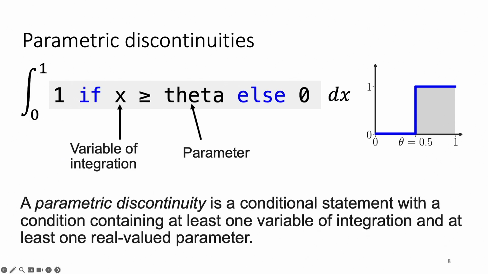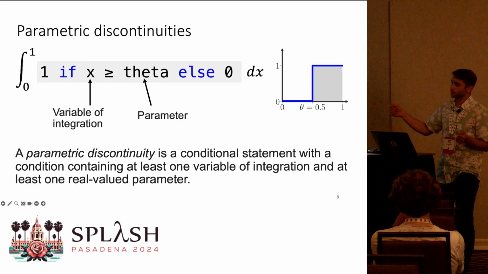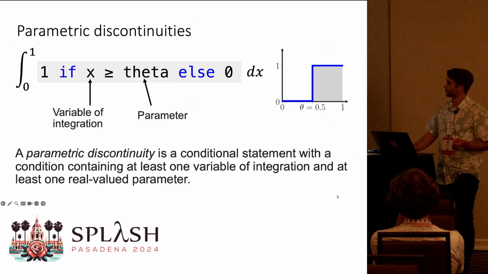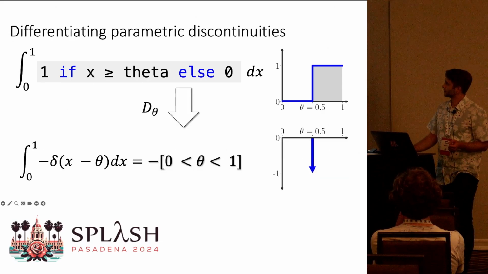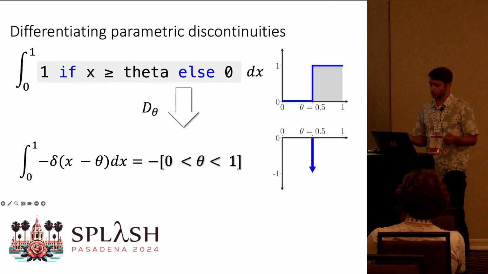So in this talk, we study a class of discontinuities that we call parametric discontinuities. And a parametric discontinuity is a conditional statement with a condition containing at least one variable of integration and at least one real valued parameter. So we'll start by showing the solution.